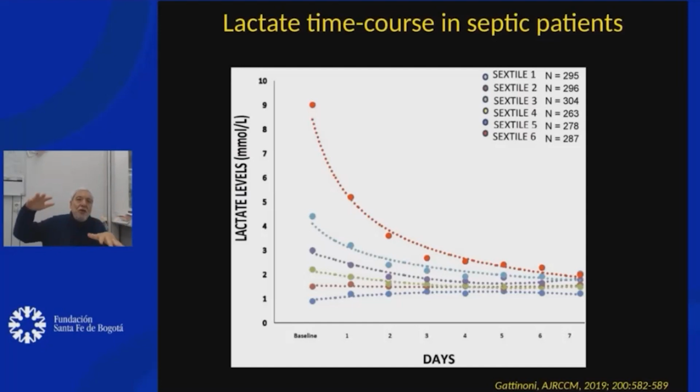So we reach a new equilibrium, because it has been shown in dialysis that the amount of metabolism of lactate also depends on the supply of lactate you give to lactate-consuming organs.